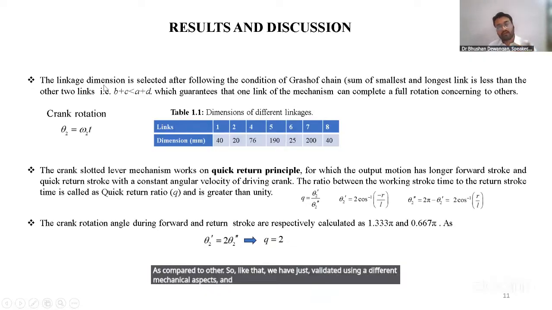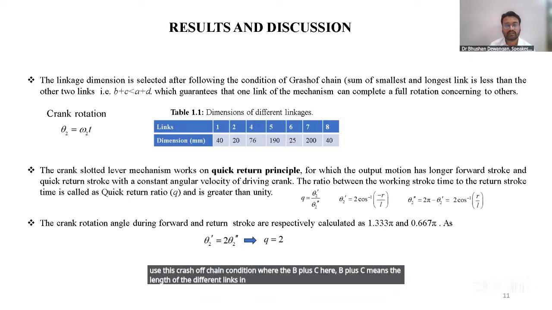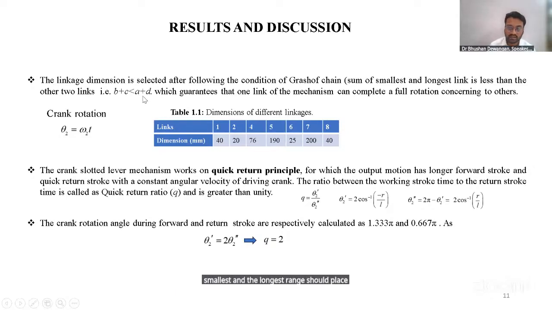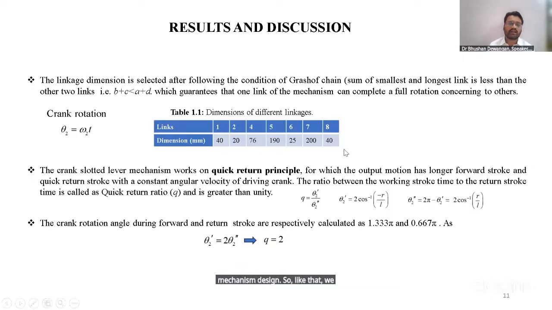In the previous study also, we used this Grashof chain condition, where the sum of the shortest and the longest link lengths should be less than or equal to the sum of the other two link lengths. We did this because we have to check whether the different link length dimensions can be assumed for the mechanism design.